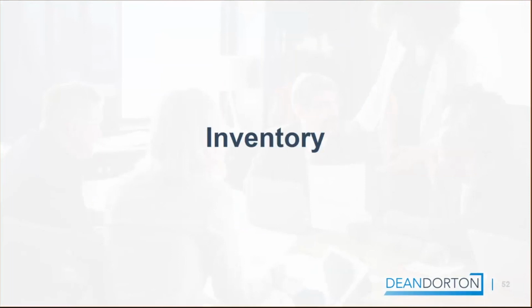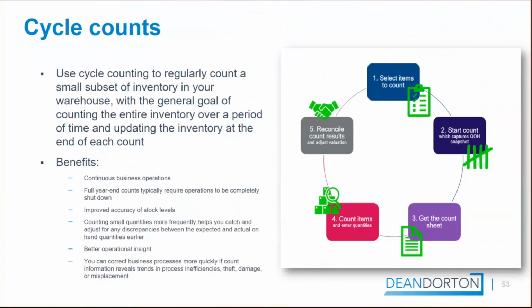In inventory, a very big, long-awaited change: cycle counts. Previously, one of people's sticking points, things that they were not as happy about, was that Sage Intacct did not have cycle counts in inventory. So now they have it. You're going to be able to capture that cycle count in Intacct and make the adjustments right there in Intacct.